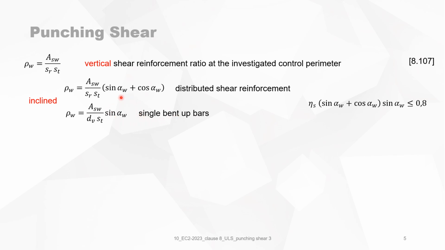For single bent-up bars, it's of course multiplied by sine of alpha W. You see that SR, the radial spacing of the punching reinforcement, is d v divided by the sine of alpha W. This condition must be valid. So not all the angles are okay for a certain eta S value.